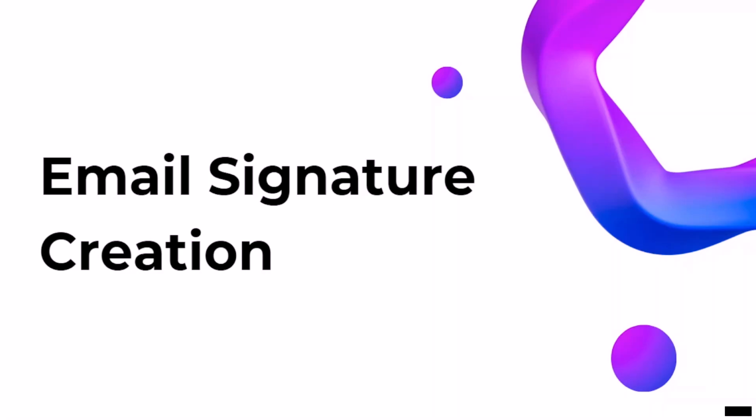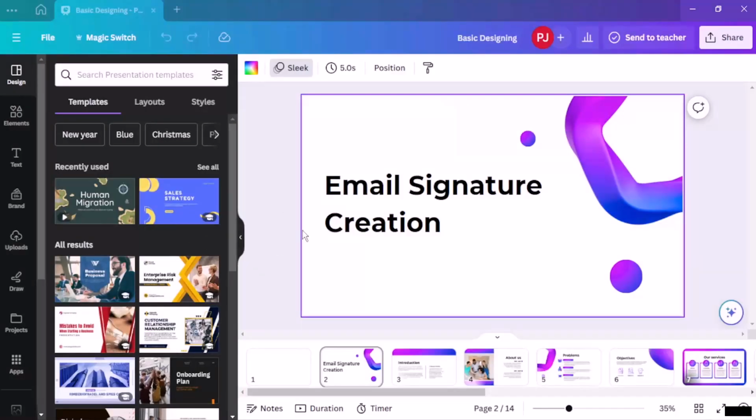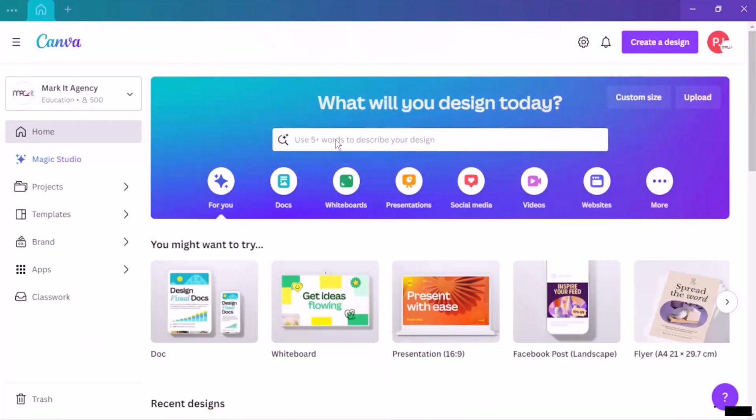Now you can see that I have opened up Canva on my screen. There is a specific type of resolution when you are making an email signature. The best size which I'm going to be using, or I would suggest you to use, is 600 by 200 pixels.